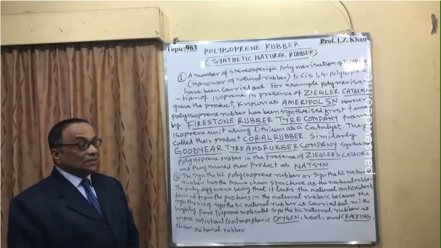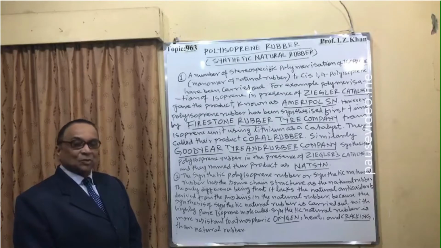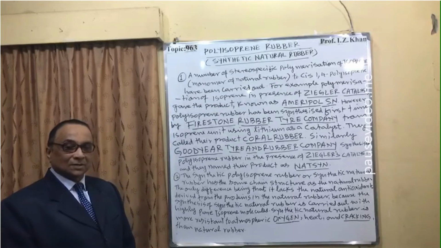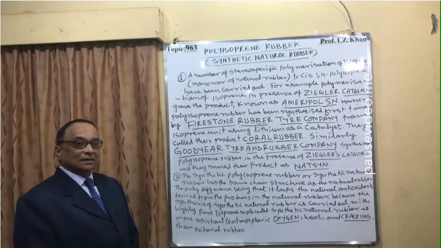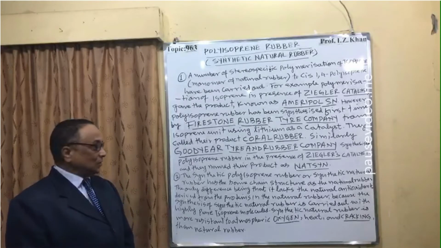So once we are doing the synthesis of the same isoprene unit obtained from any source, that source I am going to discuss, then it is called synthetic natural rubber.